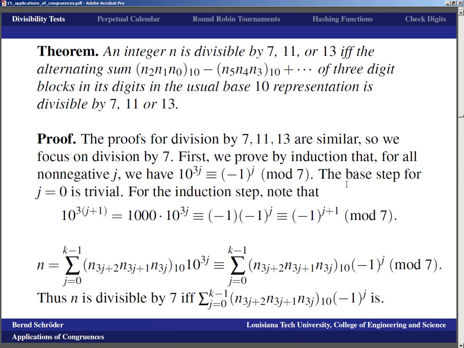And we can see that the argument will work the same way for 11 and 13. It will hinge upon the fact that 1000 is equivalent to negative 1 modulo 11 and modulo 13, and I let you work that out.